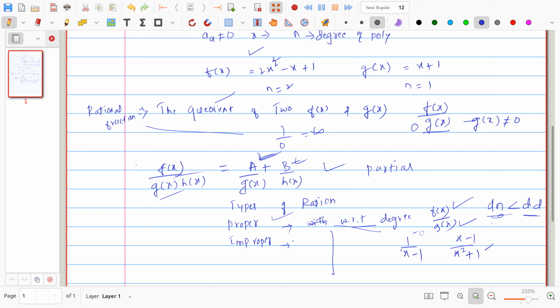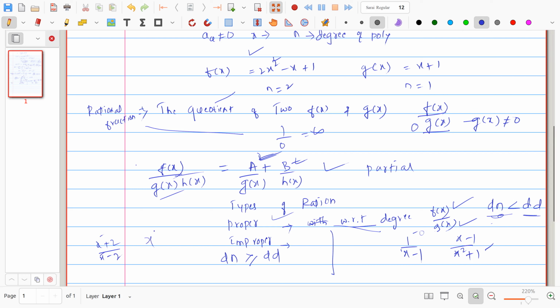Then improper fractions. For improper fractions, the degree of numerator is greater than or equal to the degree of denominator. I will show the example here. I will take x plus 2 divided by x minus 2. Here the degrees are the same, so it is an improper fraction.